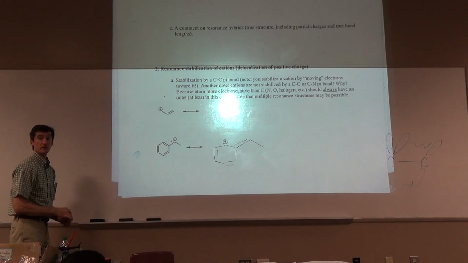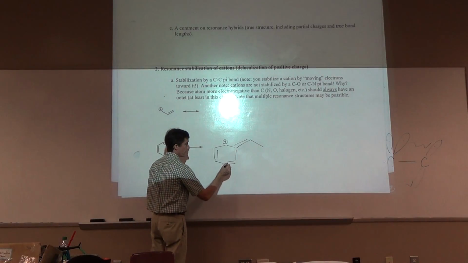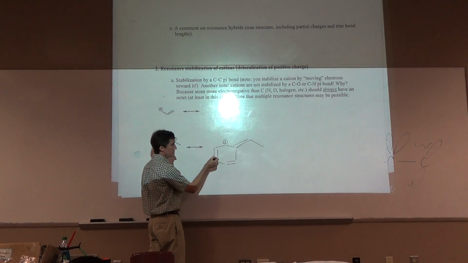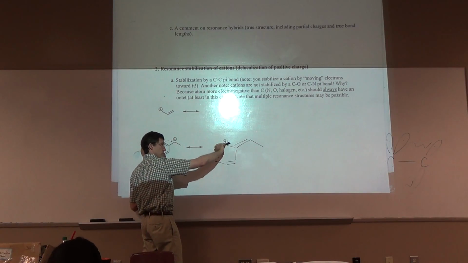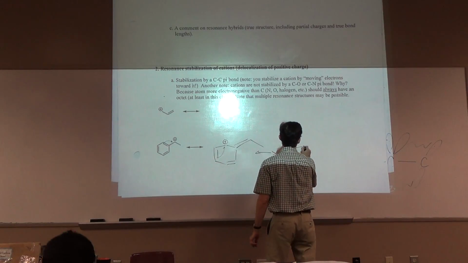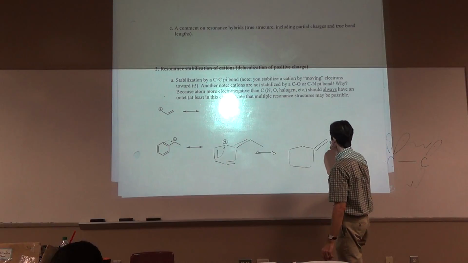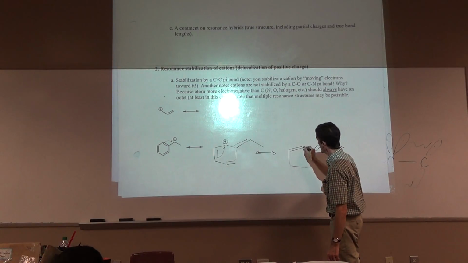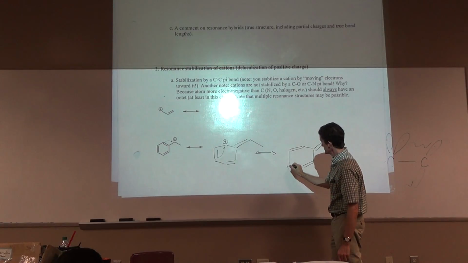Can we do another resonance structure? We can keep going. These electrons can move up here. Boom. What does that give? Didn't do anything here. Now we have pi bonds here, there, and plus charge here.